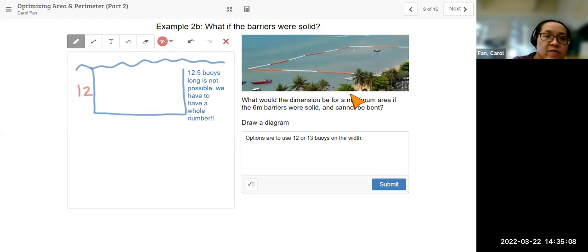We have 12, and then we have length is equal to 12 times 2, which gives us 24.